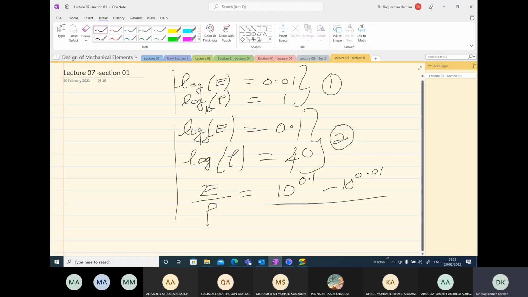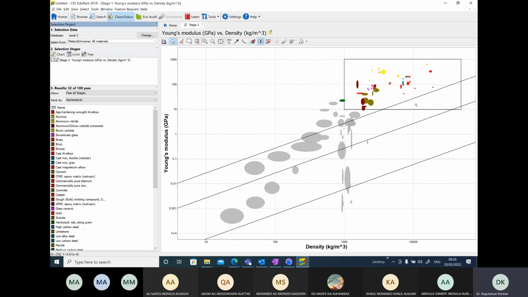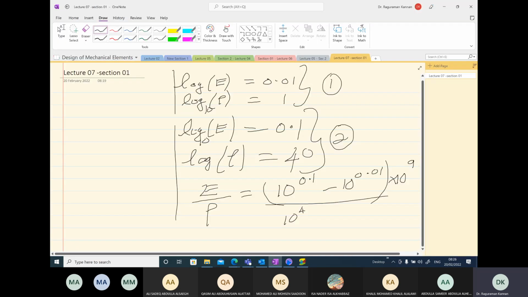Remember, in the numerator we will have it in gigapascals. So we multiply by 10 power 9 here, and then here we write it as 10 power. That doesn't come out right as well. Kg per meter cube. Yes, you will get maybe very high values here. Minus 10.